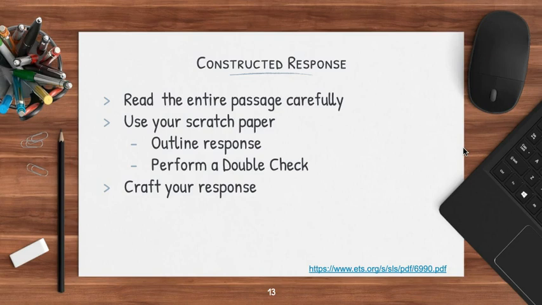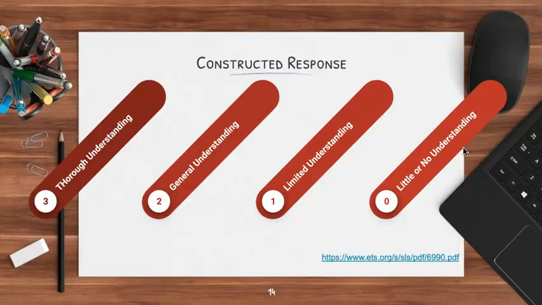When someone is grading the constructed response section, they're going to have a rubric right next to them, and that rubric's going to basically include all of the components of the question posed at the end of a scenario. So you use your scratch paper, you outline your response, you perform that double check, and then once you have all those things done, then it would be time to craft your actual response on the assessment.